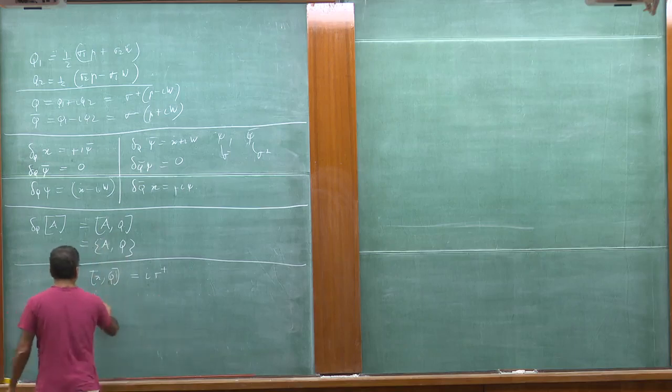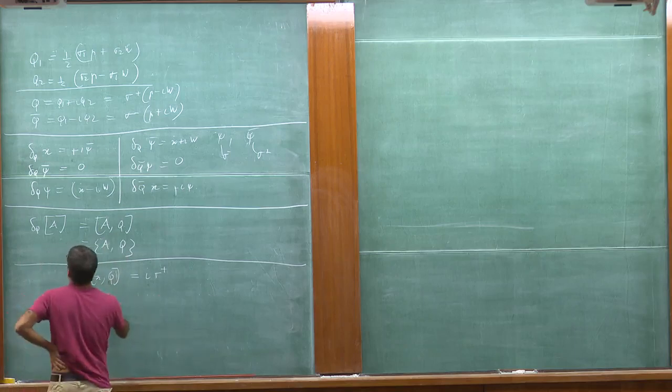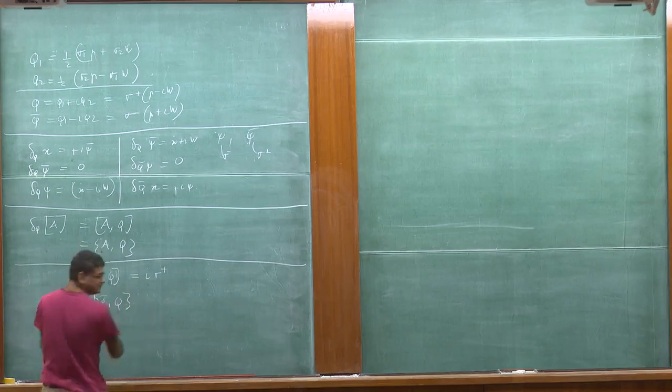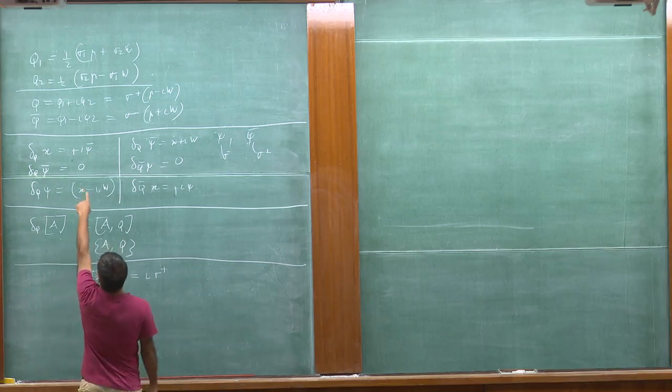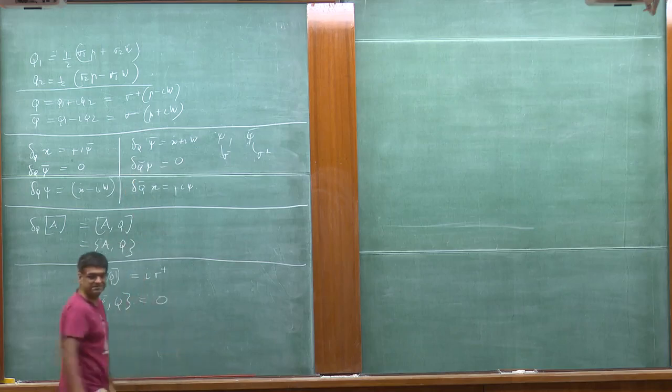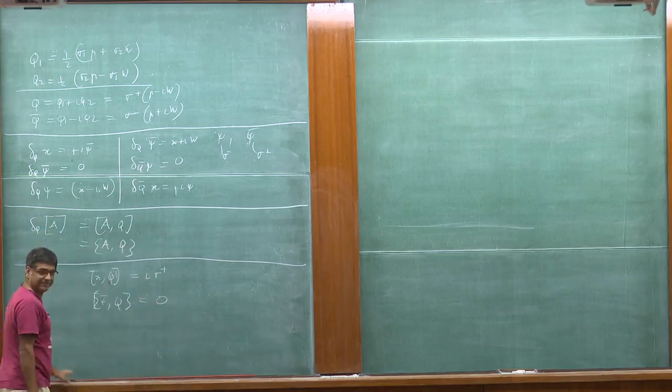Okay, now let's look at, now we want psi bar anti-commutator Q. Okay, we want psi bar anti-commutator Q, but Q was with a psi bar, so we just get 0. That matches that.